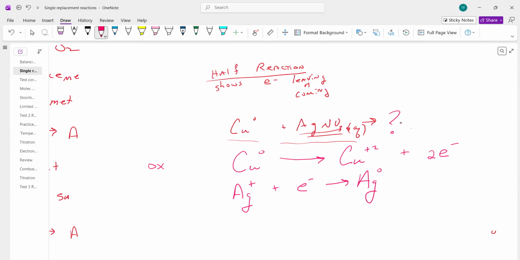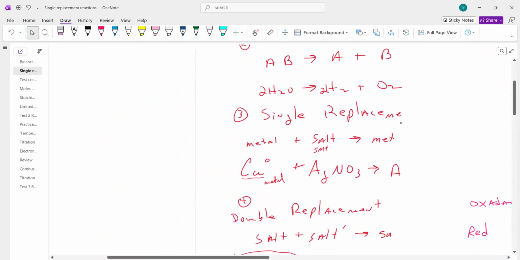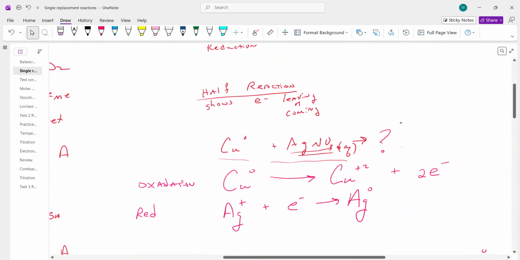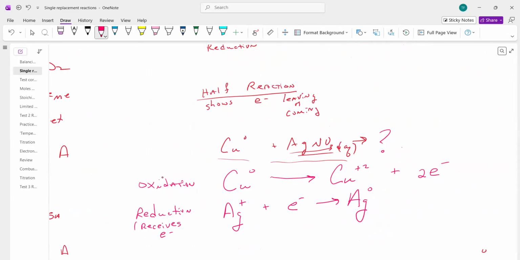The silver is gaining an electron, so that's undergoing reduction. So that's receives electrons.